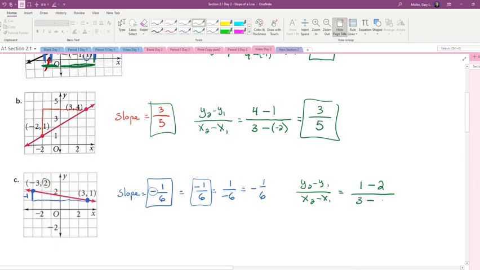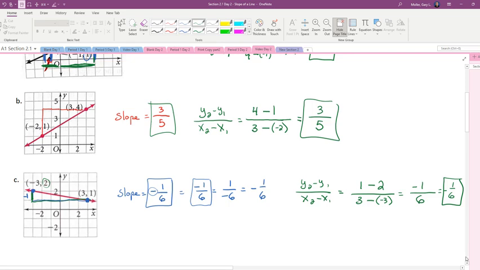Negative 3. So 1 minus 2 is negative 1. 3 minus a negative 3 is 3 plus 3, which is 6. And we get our same answer of negative 1/6. We go down 1 for every 6 units.